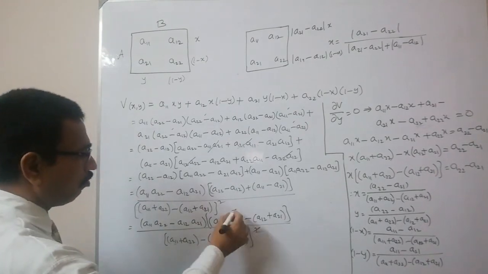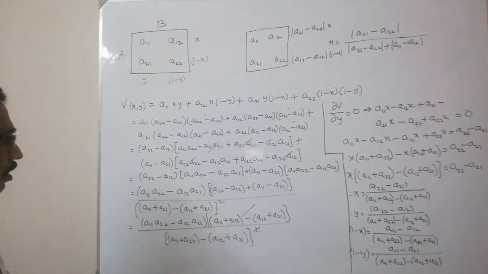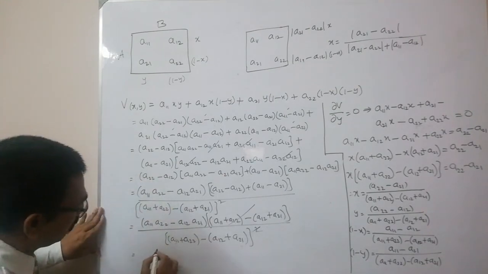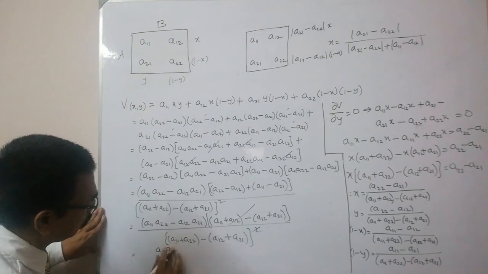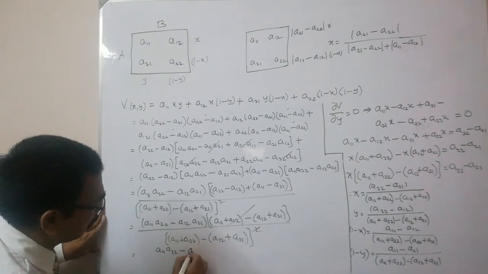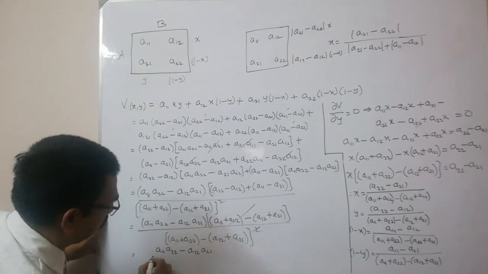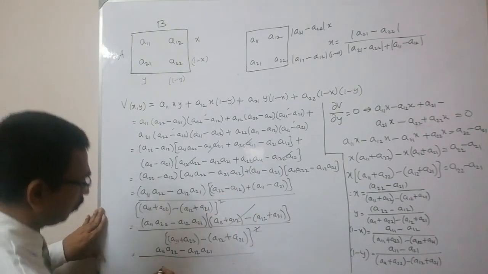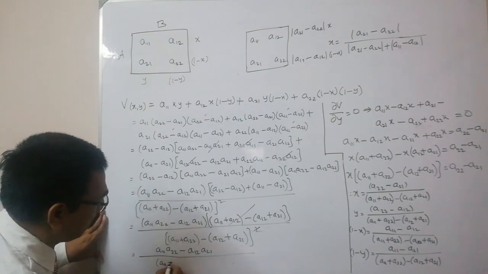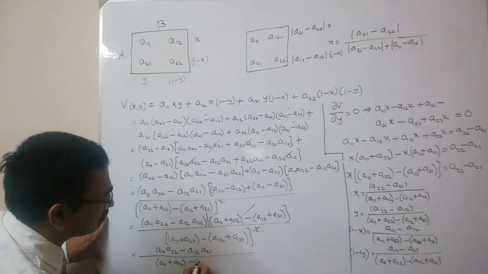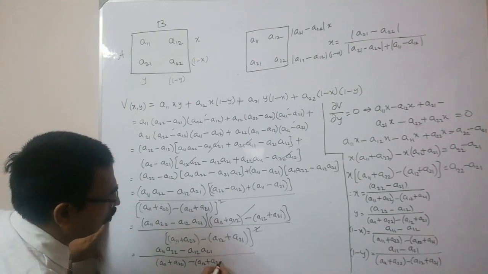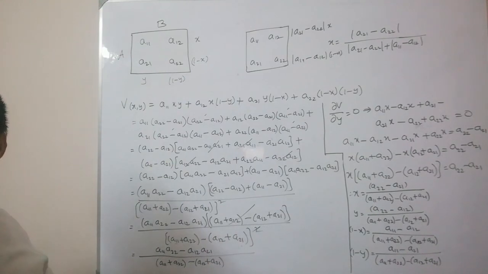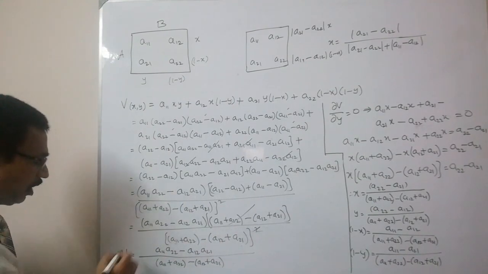Now one factor gets cancelled and whatever remains is the expression for the value of the game, that is a11 a22 minus a12 a21 by the denominator as usual, a11 plus a22 minus a12 plus a21. This is the expression for the value of the game v.